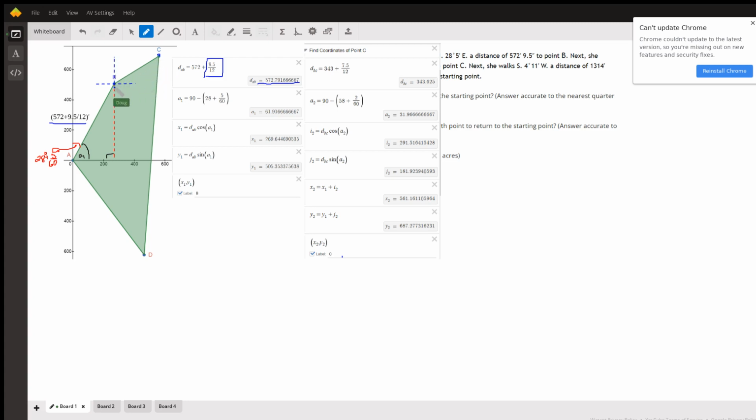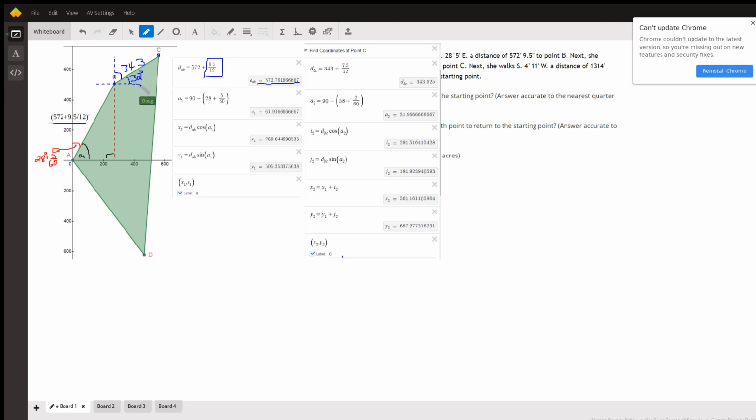And if you picture a little horizontal and vertical segment here, we know that this angle right here is north 58 degrees, 2 minutes east. So this angle will be 90, take away that angle. So this little angle right here is 31, close to 32 degrees.